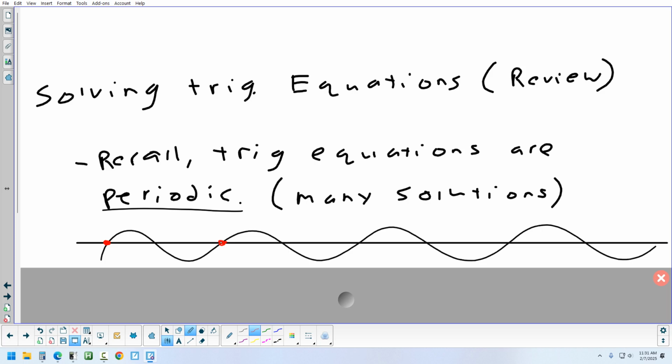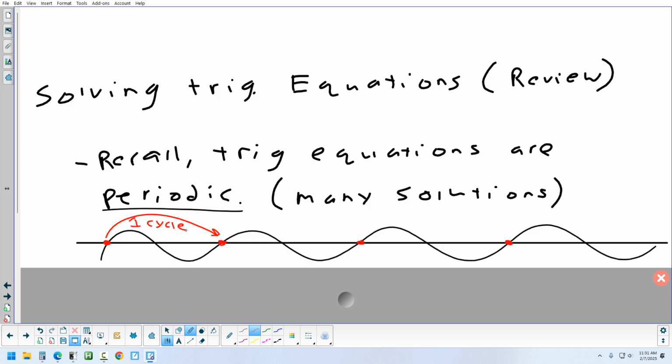It's where the wave is going up and it hits the line. All those red dots represent the same solution. In general, how far apart are those two solutions? They are exactly 1 cycle apart.